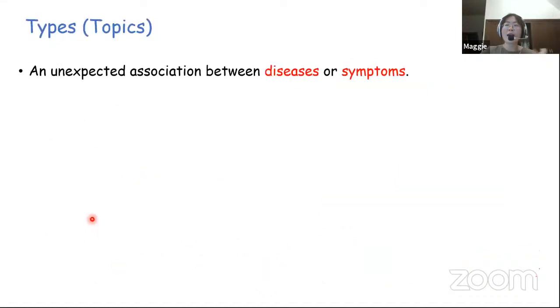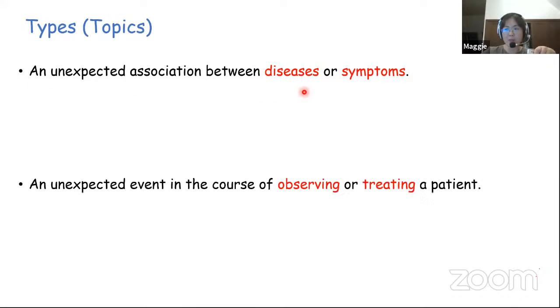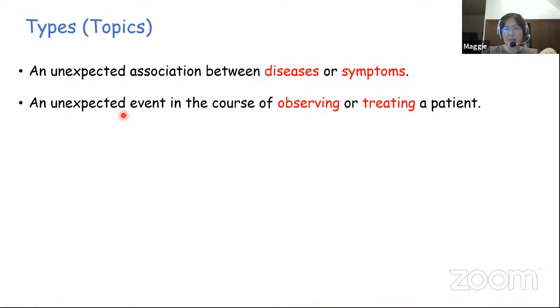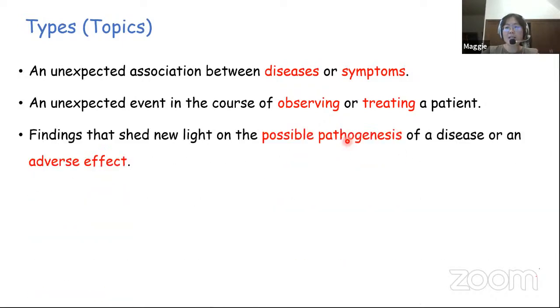So what kind of disease or patients can be written into a case report or case series? It can be an unexpected association between diseases or symptoms. It can be an unexpected event in the course of observing or treating a patient. It can be findings that shed new light on the possible pathogenesis of a disease or an adverse effect or side effect.